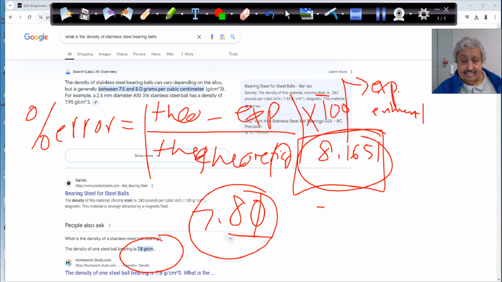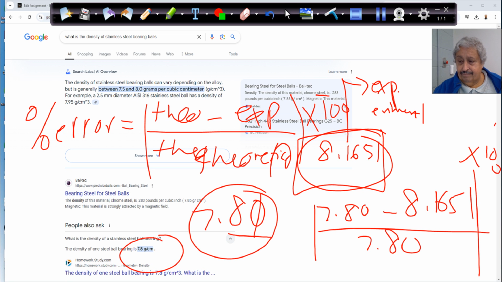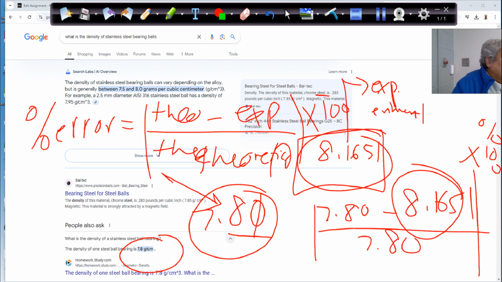So the theoretical is 7.80 minus 8.165, over 7.80, absolute value, multiplied by 100%. Correct? Everybody's following? Please use this value and whatever intercept you are getting out of this.